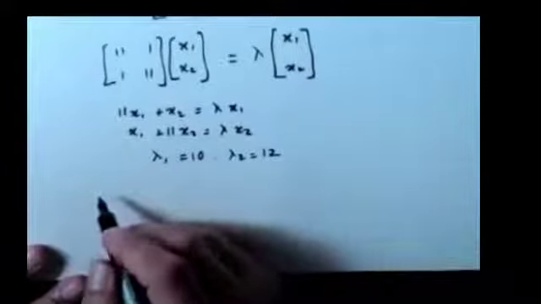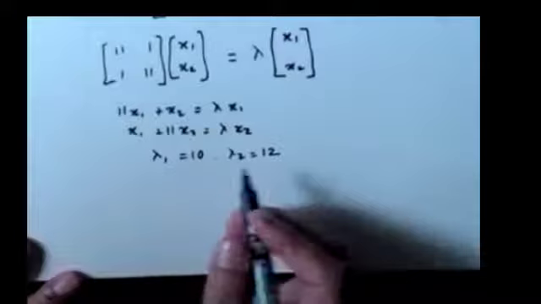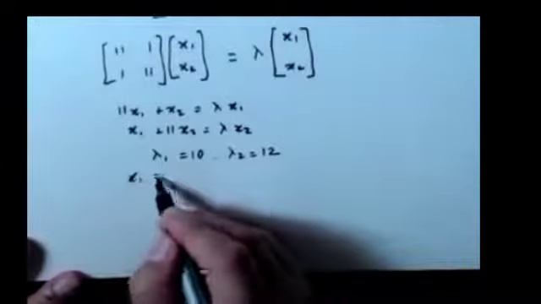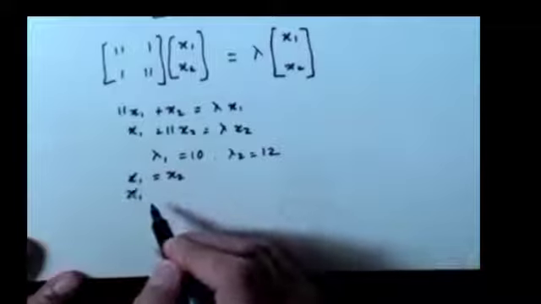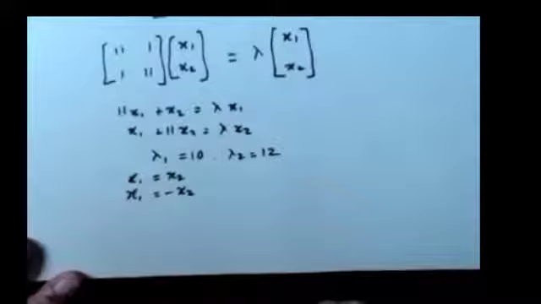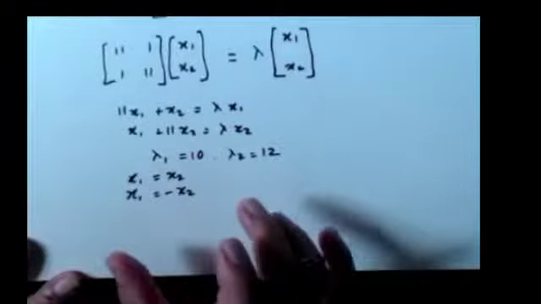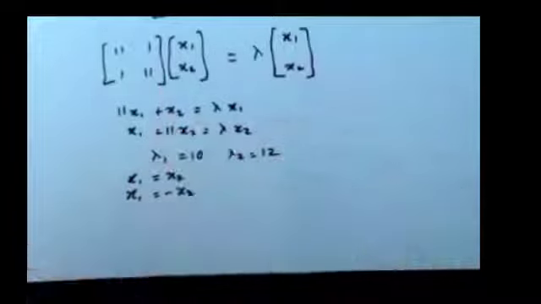So x1 and x2, for these 2 lambdas, we get 2 equations. One is x1 is equal to x2, and for the other lambda, we get x1 is equal to minus x2. You can verify this by doing your own calculations. Now we'll have to use this information in order to find out the unit vector that will be the eigenvector for this matrix.